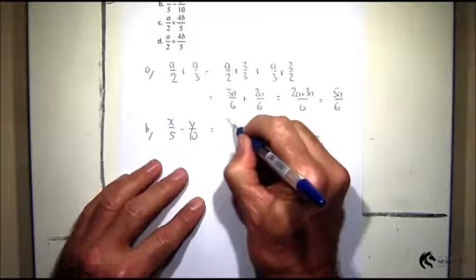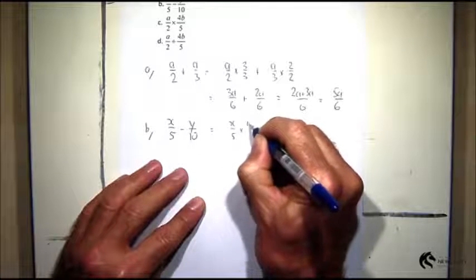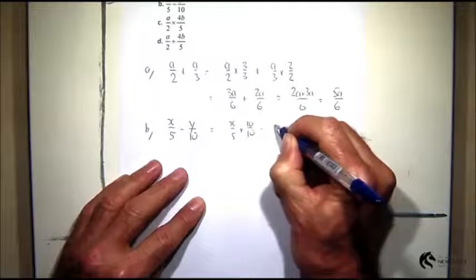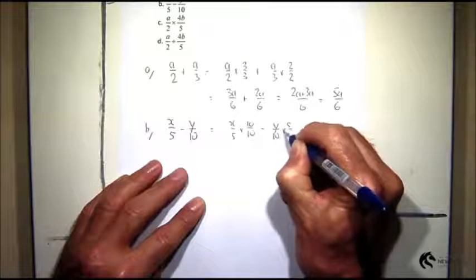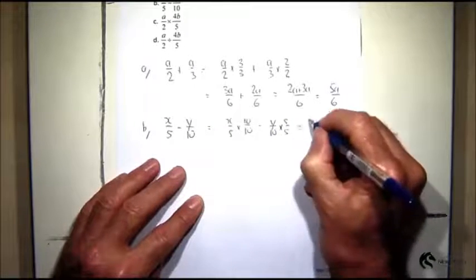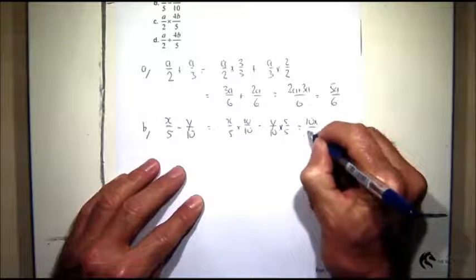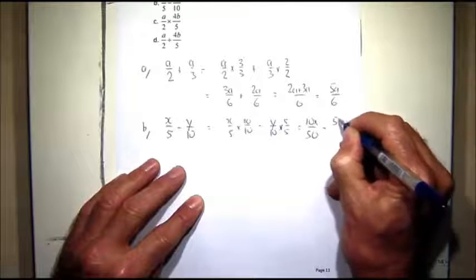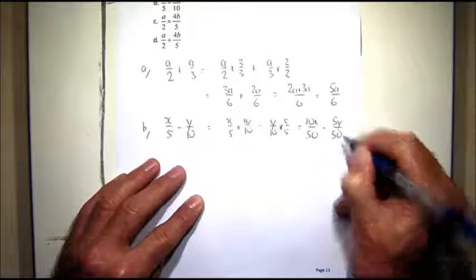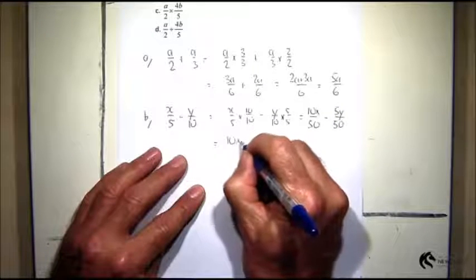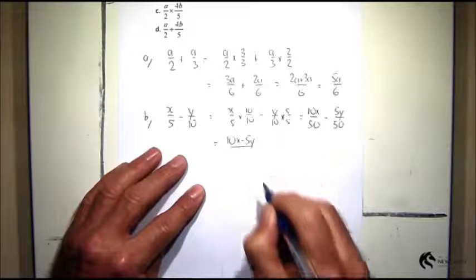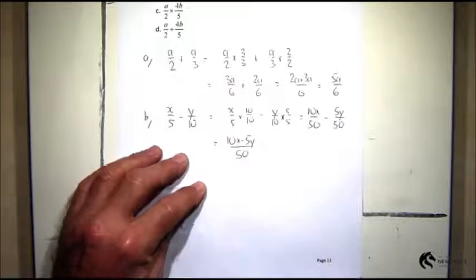So in which case that would be x on 5 times 10 on 10 minus y on 10 times 5 on 5. So that gives me 10x on 50 minus 5y on 50. And so that would end up being 10x minus 5y, which I can't simplify, all on 50.